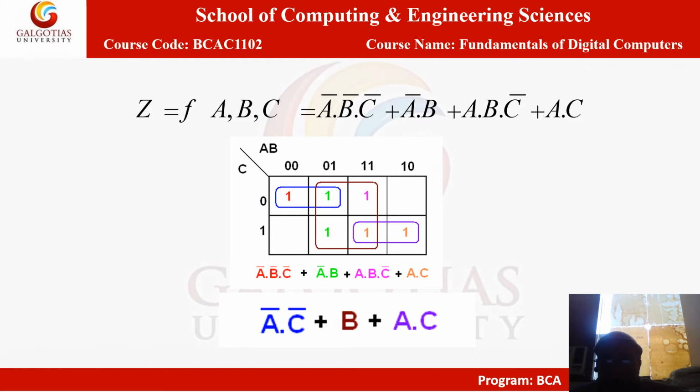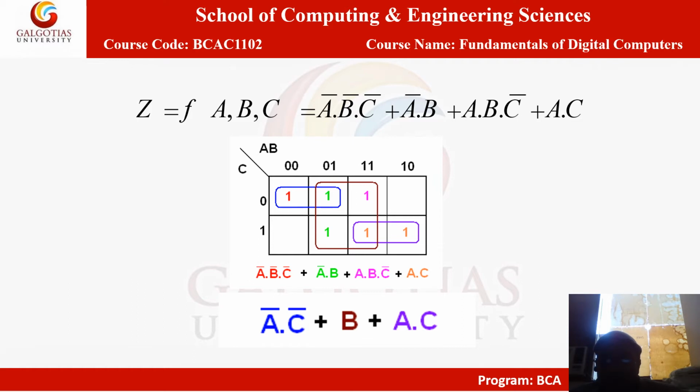In both of these cells the value of A is 0 and the value of C is also 0. But B is changing, so we won't consider B. We will write only A complement and C complement. So here this is the value A complement, C complement.